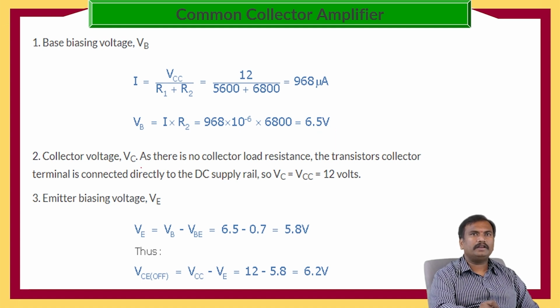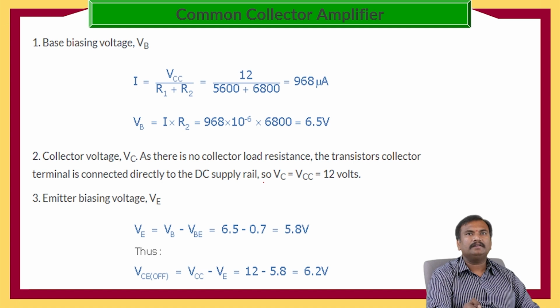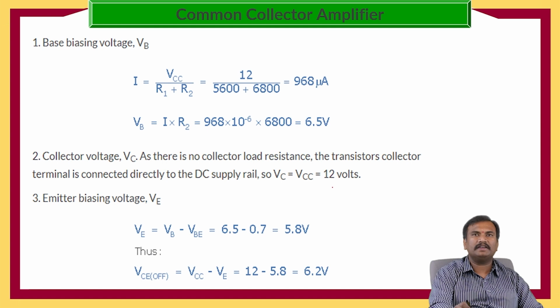Here, for the collector voltage, as there is no collector load resistance, the transistor's collector terminal is connected directly to the DC supply. When there is no load resistance, the collector voltage is nothing but VCC, that is the same as 12 volts.